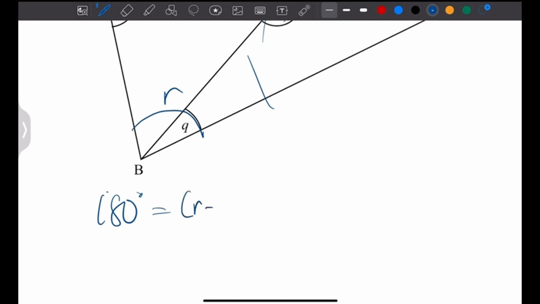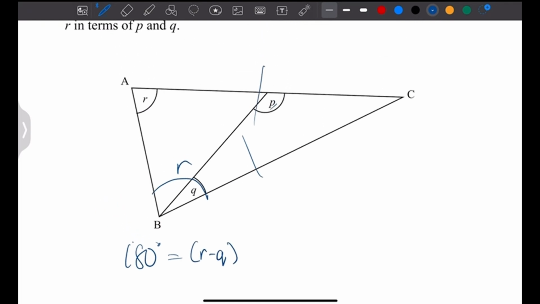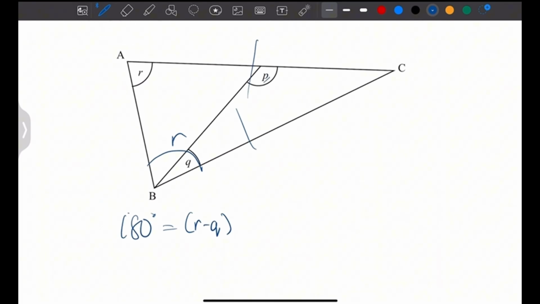So first, we're going to use R minus Q. Okay? And of course, they already give us R. So we're going to add R because we want to find 180. And then there's one more angle that's missing here. And how do we find this angle? Since this is a straight line, we're going to use 180 minus P. All right, now we simplify.